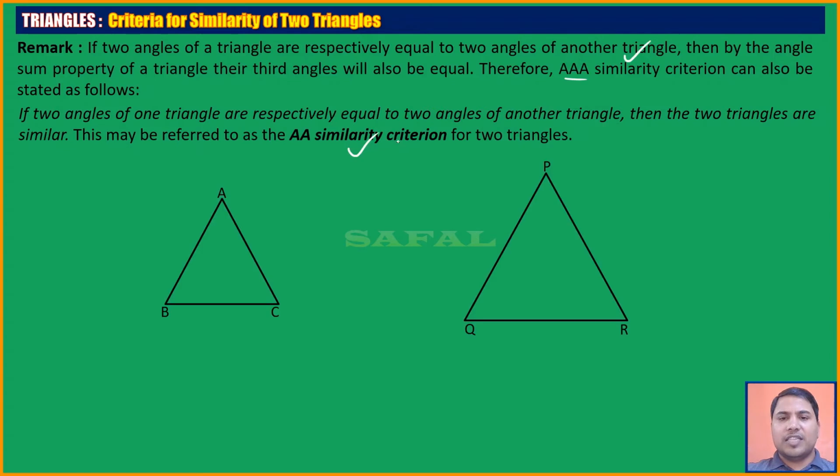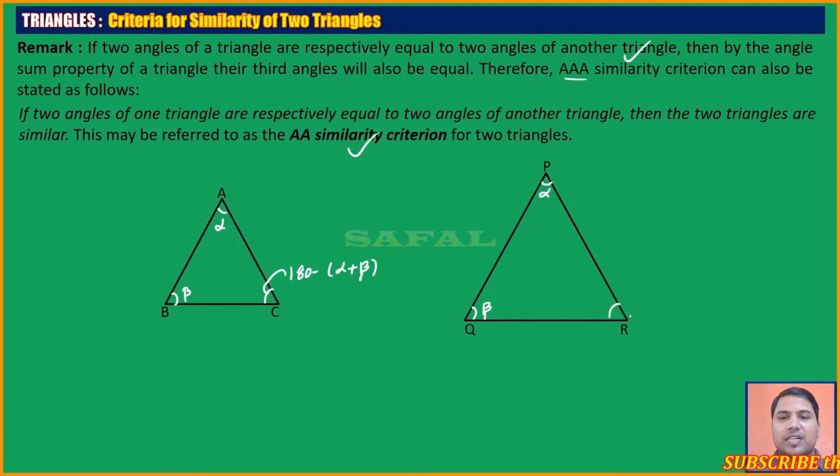We can easily see this also. Now let's say it is given to us that angle A equals angle P. Let's say this is alpha, so this is also alpha. And let's say this is beta and this is beta. So these two angles are equal. So I know this angle C will be 180 minus the sum of the other two, that means alpha plus beta.